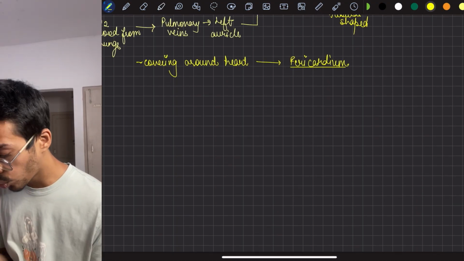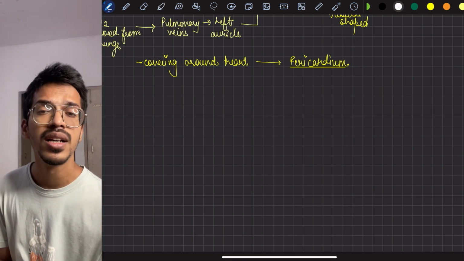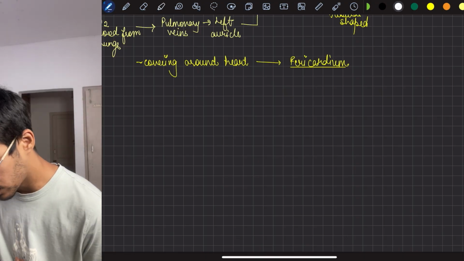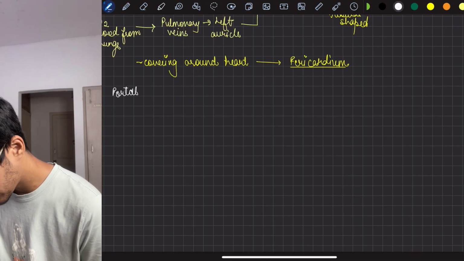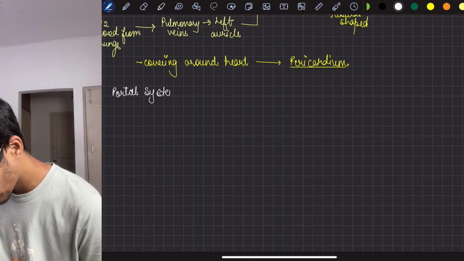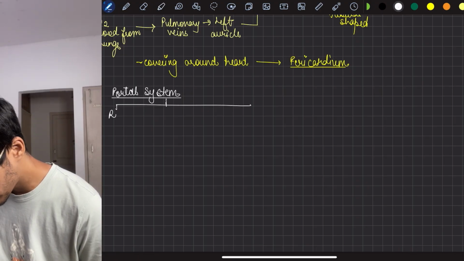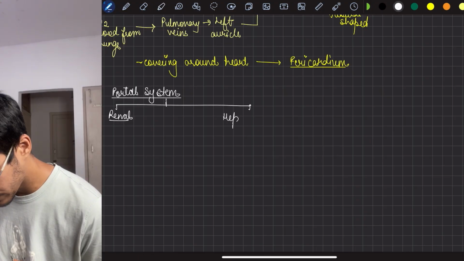Next comes the portal system that is present. These are extra systems present in these organisms, in the frog. So portal systems are two in them: one is the renal portal system, the other is the hepatic portal system.